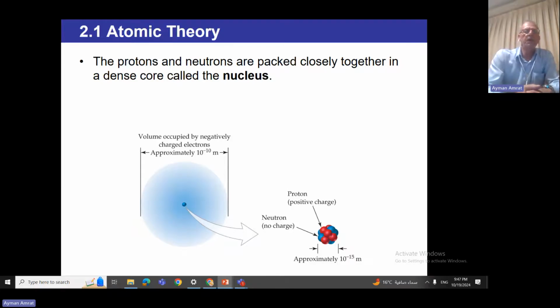The volume occupied by electrons is approximately 10 to the power minus 10 meter, relative to the nucleus, which is 10 to the power minus 15. So the nucleus is very dense because the mass is high and the volume is small, a small volume with high mass, a dense core called the nucleus.